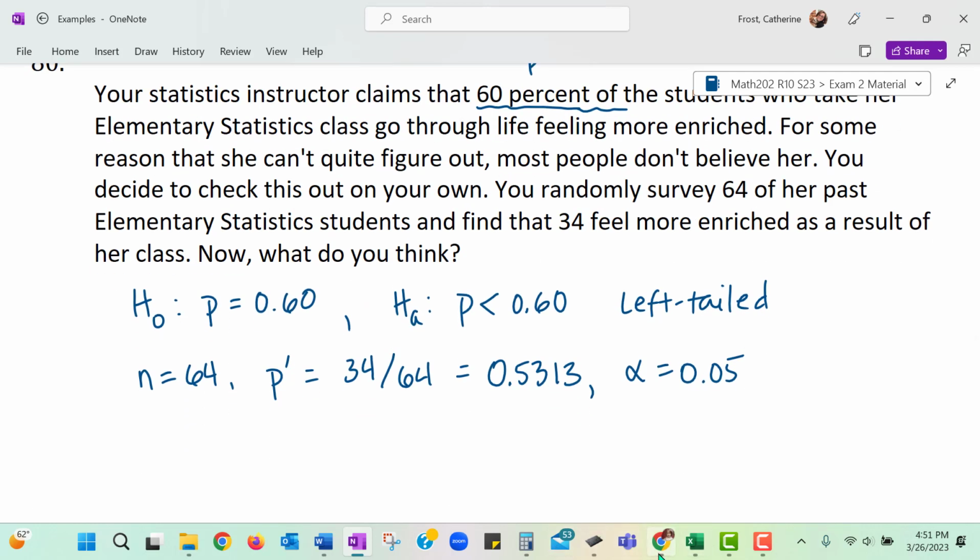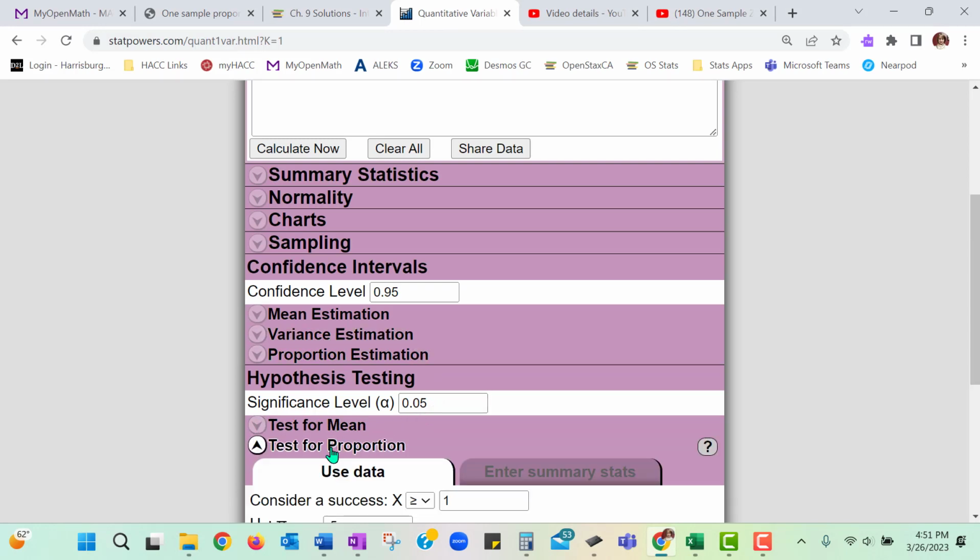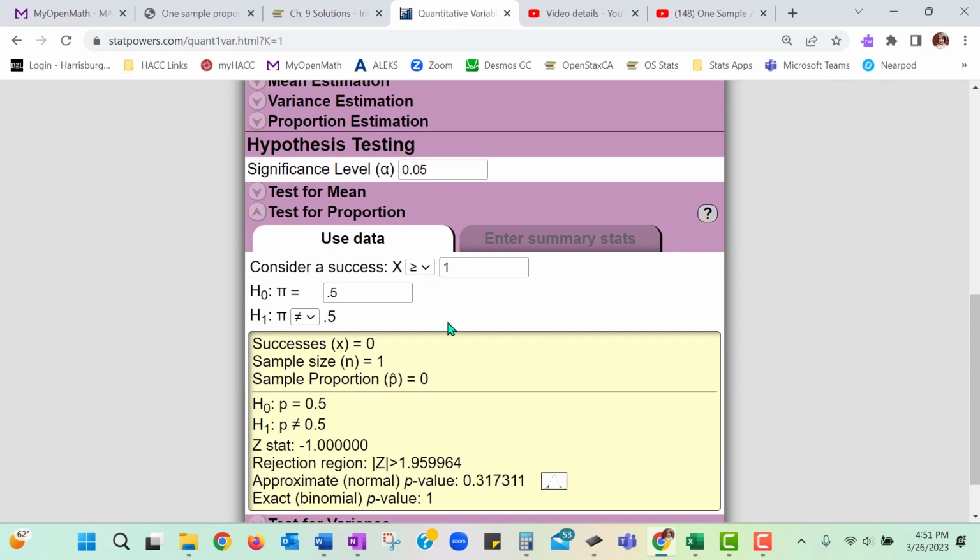We're going to keep this at 0.05, and we're testing a proportion, so a test for a proportion. This pi, he's using pi instead of p, but we're going to change this to 0.60, and then change this to less than. I'm going to leave this alone right now.